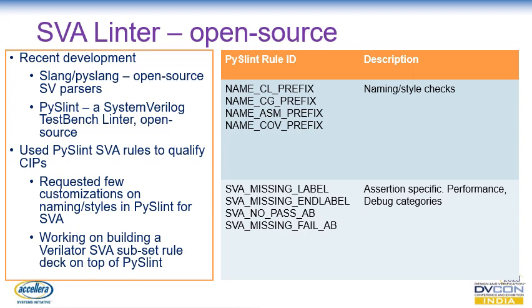For example, the naming or style checks, which are good to have. For example, the assert and the coverage prefix, etc. Right? And then you also have specific assertion checks, both functional as well as performance checks. You see that, for example, this should have a fail action block with, for example, a UVM error or something, right? And you don't want a pass action block because that is a performance killer.